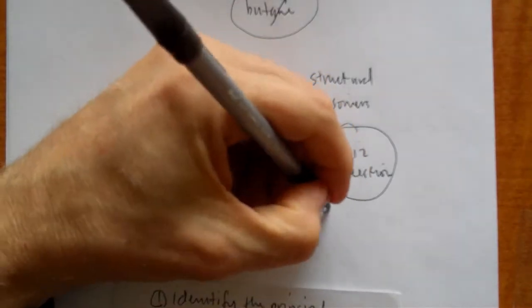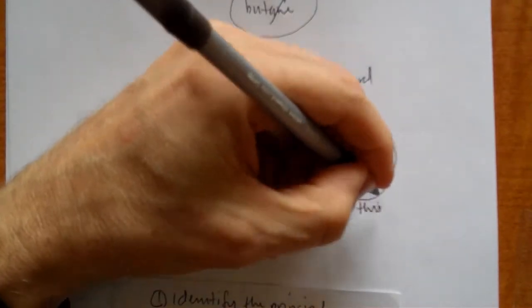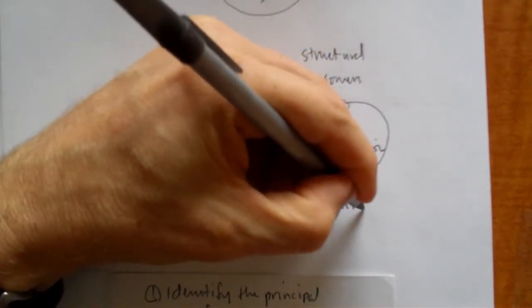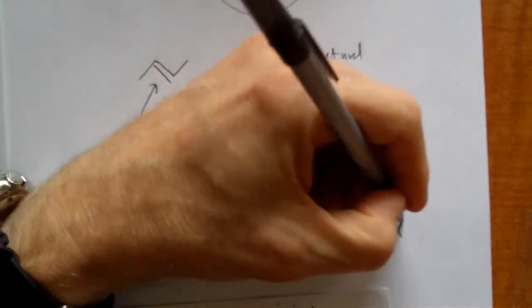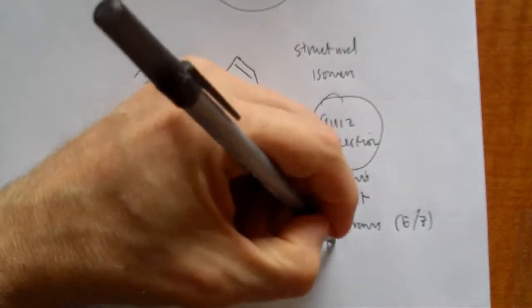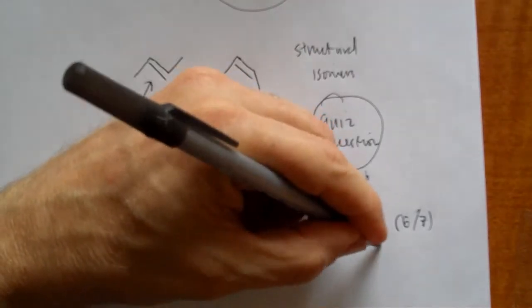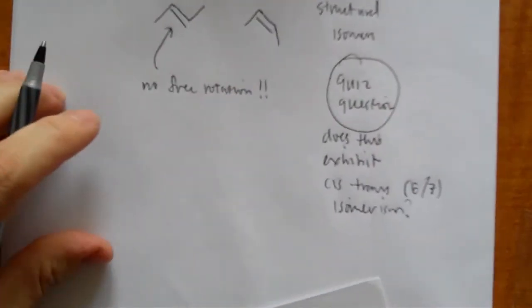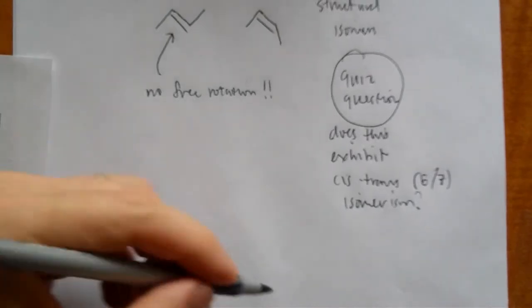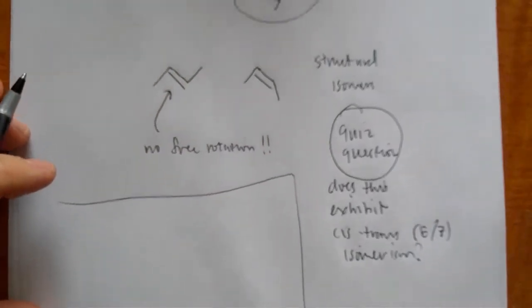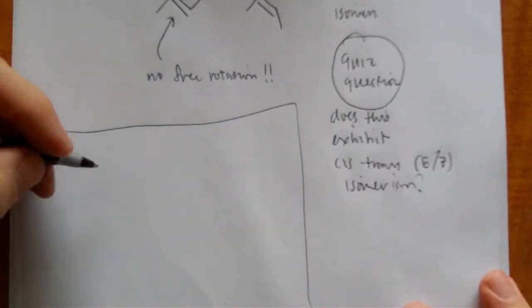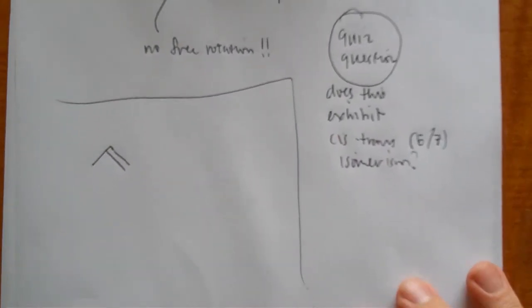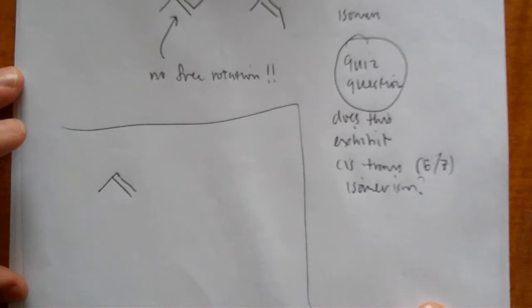Okay? Does this exhibit cis, trans, or EZ isomerism? Okay, that sounds like an easier question than it really is. Let me give you an example of one that looks like it. You might think, well, gosh, everything that's got a double bond must exhibit cis-trans isomerism. But that's not so. What about that? Does that exhibit cis-trans isomerism?